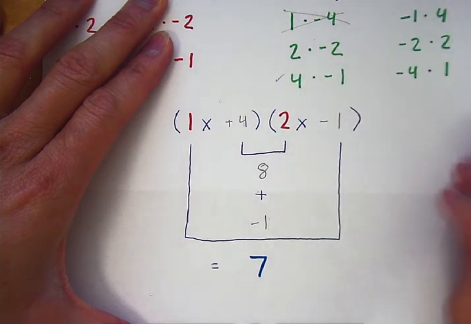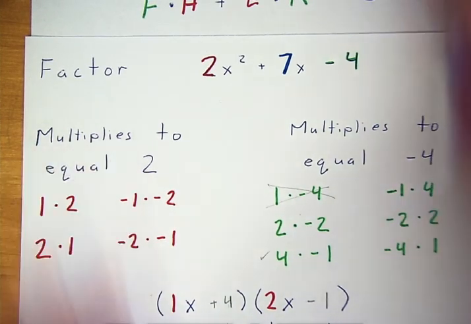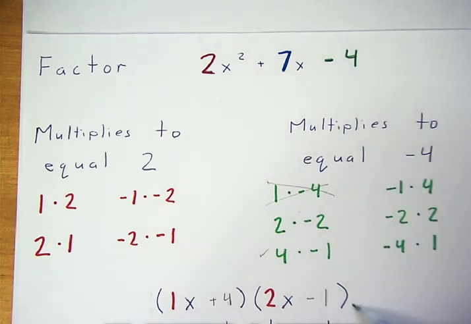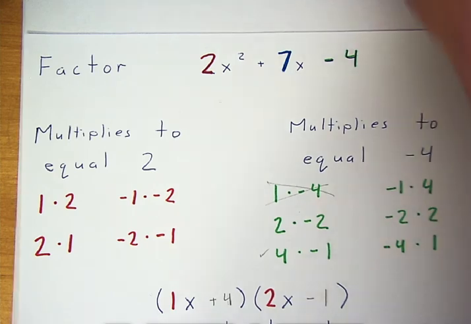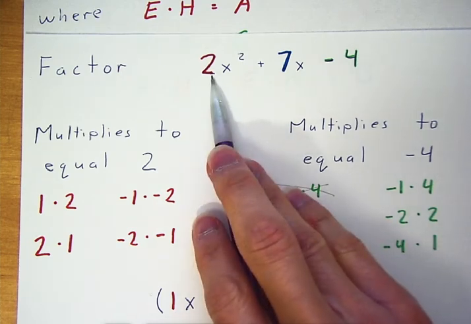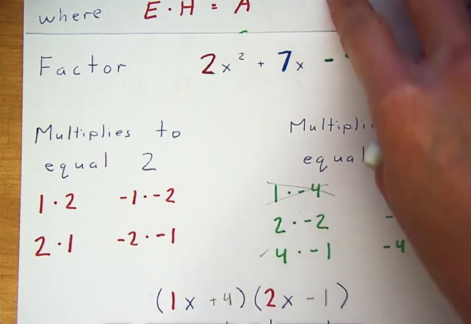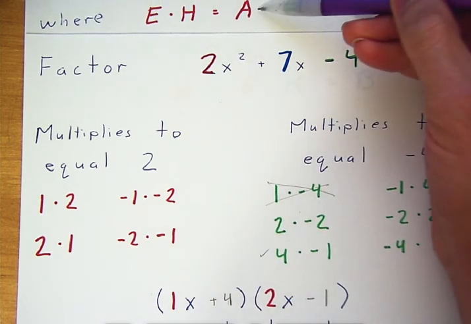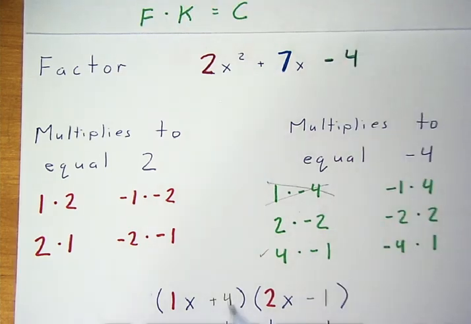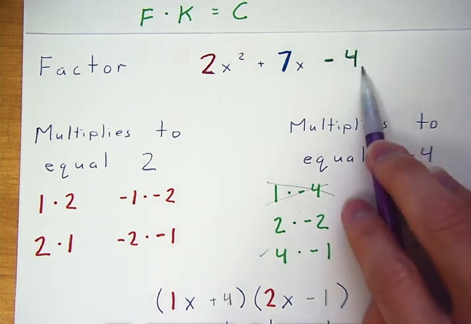So there you go. Here is your factored form for this. Your 1 times your 2 equals this 2 here. And just like they said, the E times H is equal to A. Your +4 times -1 equals this -4.